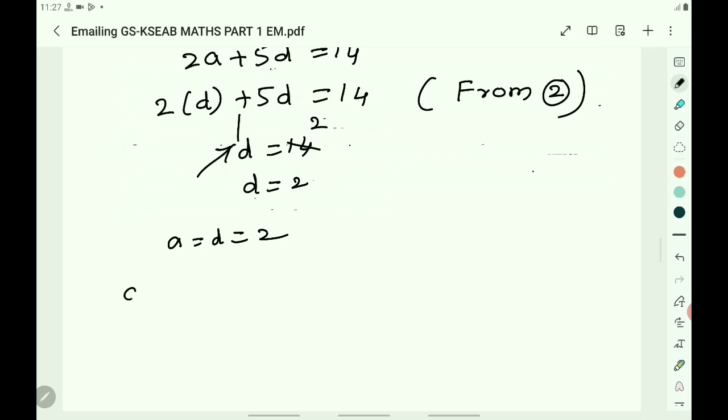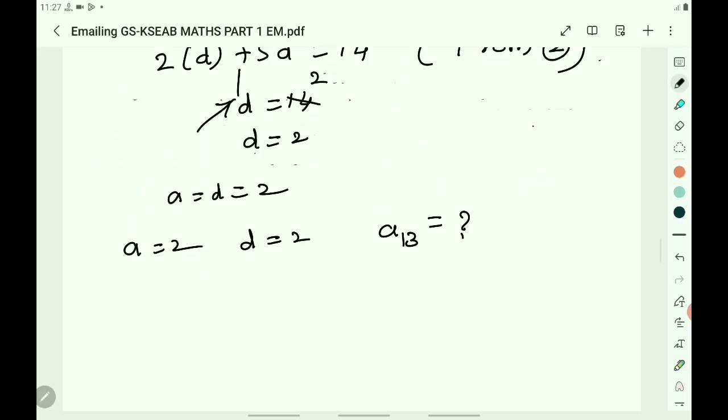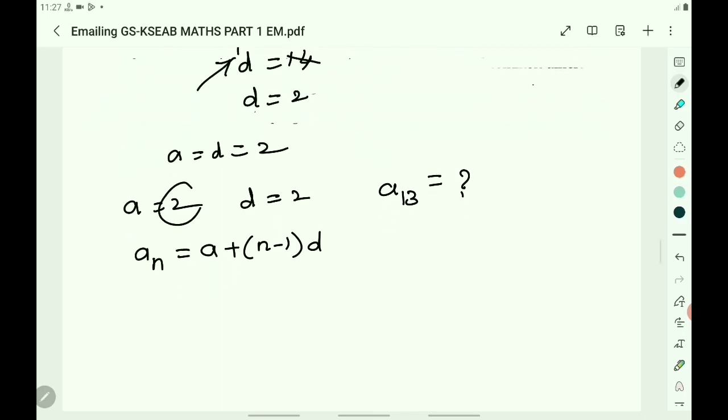What is required? The 13th term, a13 equals question mark. To find the 13th term, write the formula for an: an equals a plus n minus 1 into d. a is 2, d is 2, n is 13.